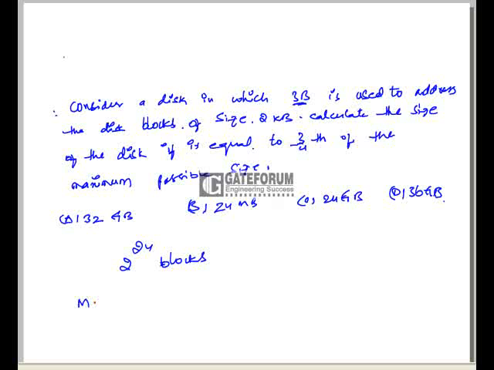So the maximum possible size would be the maximum possible number of blocks, which is 2 power 24, into the size of each block. Size of each block is given as 2 KB.